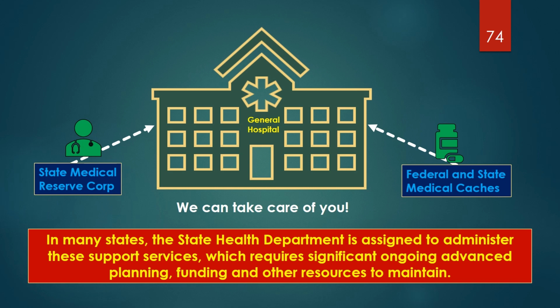The content of the state caches varies greatly from state to state. These support services are organized and administered in different ways in each state. In many states, the state health department is assigned to administer these support services, which requires a significant, ongoing, advanced planning, funding, and other resources to maintain.